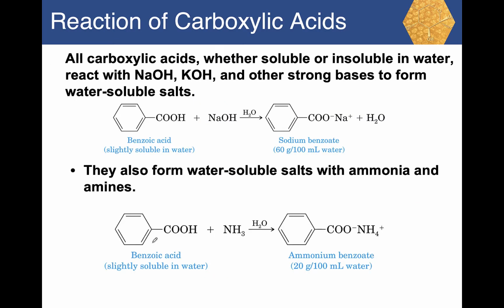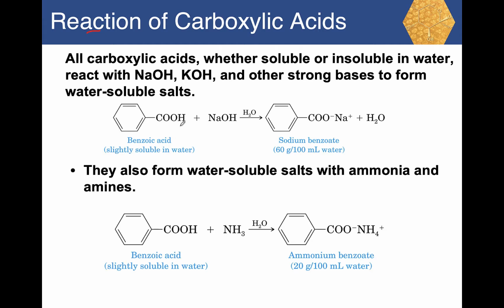Let us turn our attention now to the reactions of carboxylic acid. So, here is a carboxylic acid. An example here is benzoic acid. That's the name of this acid here. It's termed an acid. So let's define an acid again. An acid is a proton or hydrogen donor.